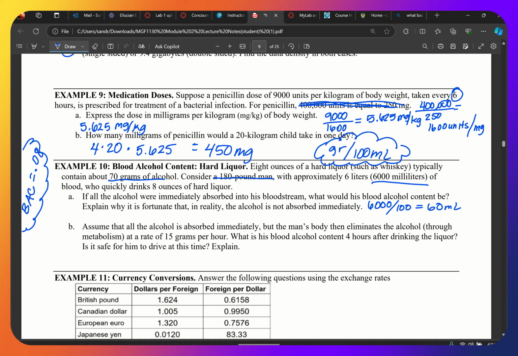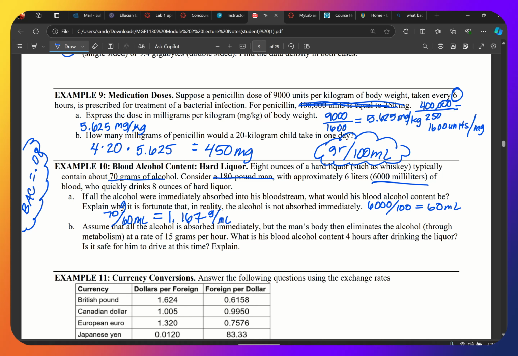Now I can do grams per milliliter, which is 70 grams per 60 milliliters, which gives me 1.167 grams per 100 milliliters alcohol content. I mean, it's kind of a lot.